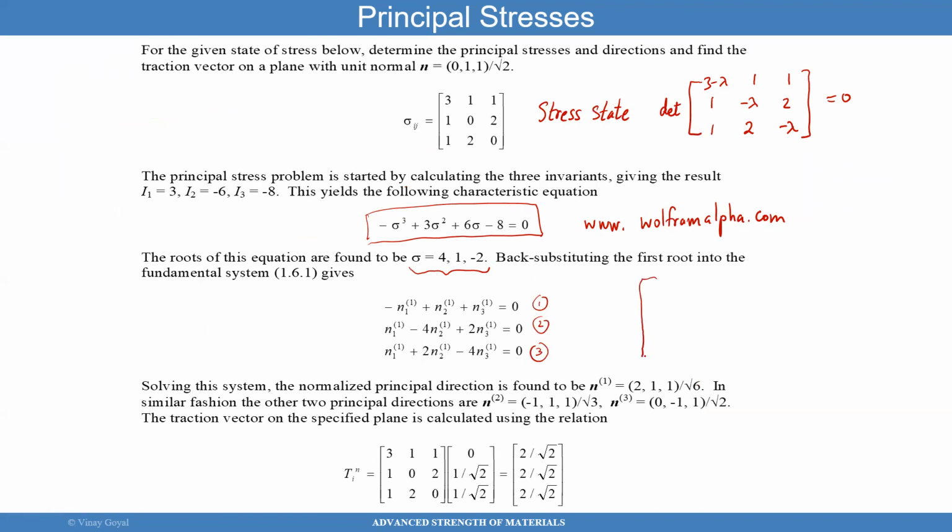I can do it quick so you can see it. So 3 minus 4 is minus 1. 1, 1, 1 minus 4. Sorry, minus 2, 1, 2, minus 4, because lambda, I found through Wolfram Alpha, that one of the roots is 4 from the cubic equation.